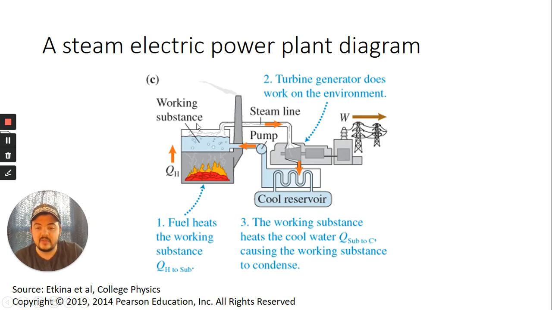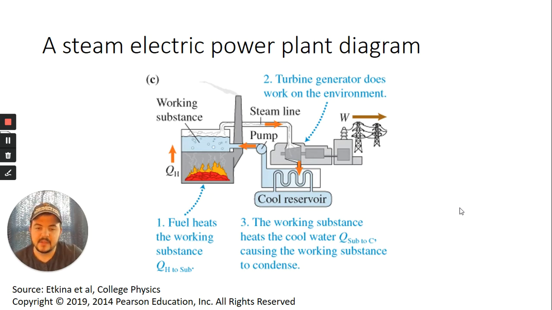So there's a hot reservoir, the fuel; we've got the working substance; and we've got a cold reservoir. Three things to keep track of: the hot reservoir, the coals; the working substance, which is the water here or the gas inside of an internal combustion engine; and the cold reservoir. The substance is being impacted by the hot and cold reservoirs.